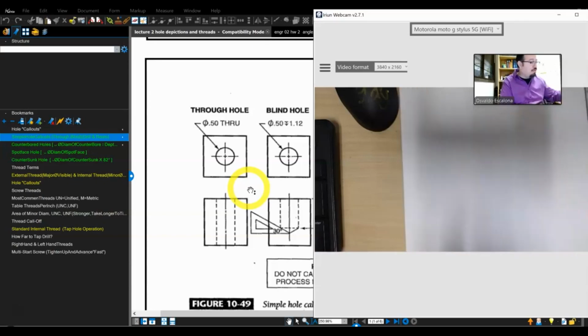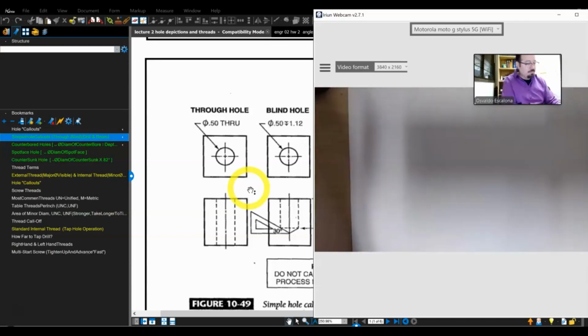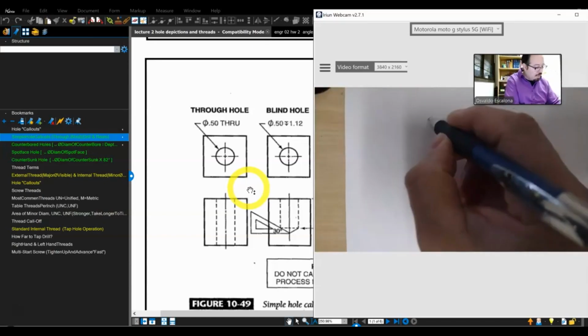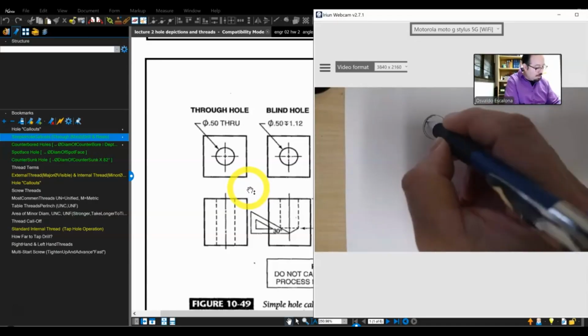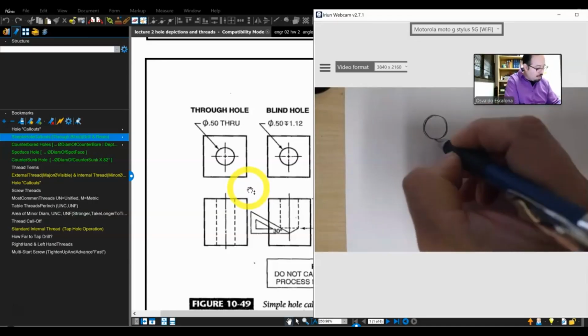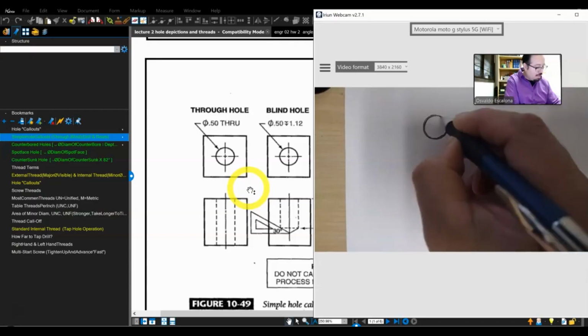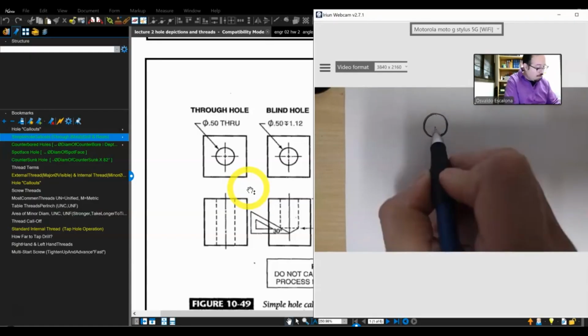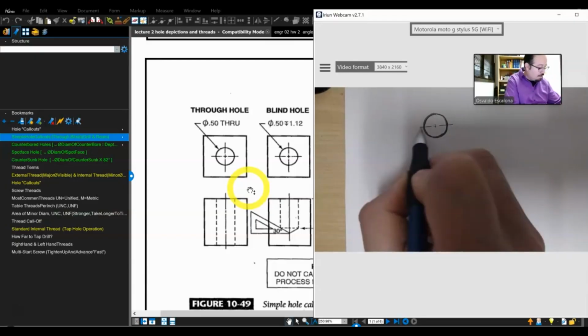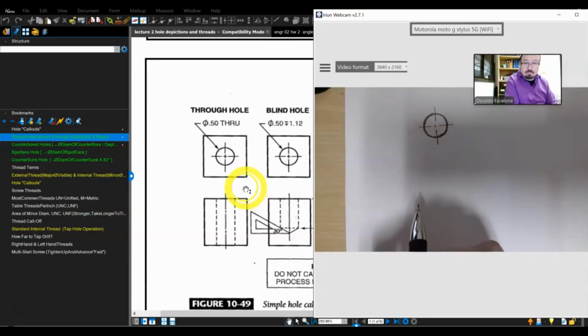The way we call out a through hole on the drawing: first of all, you have to know what it is. Let's say this is your visible line, because that's where you see the hole. Then you also have your center marks, nice and thin.